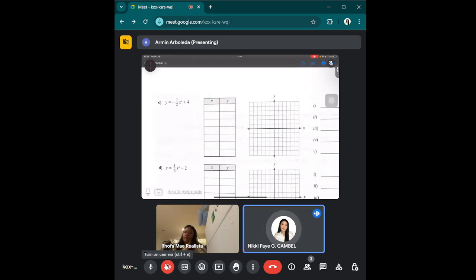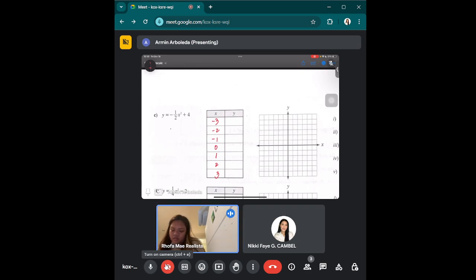Let's maybe stick to the negative 1, 2, 3. Can you give me the values? -3 is -1/2.